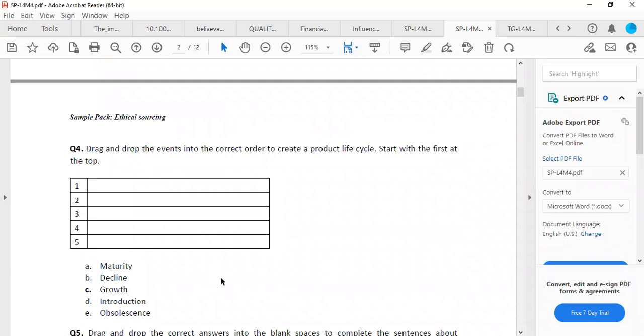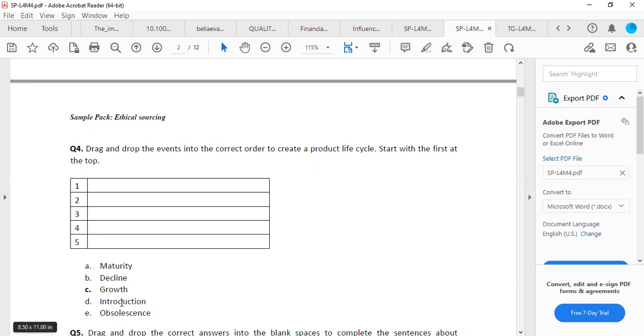Question 4. Drag and drop the events into the correct order to create a product life cycle. Start with the first at the top. So a product life cycle. Introduction, 1. What's the last one?